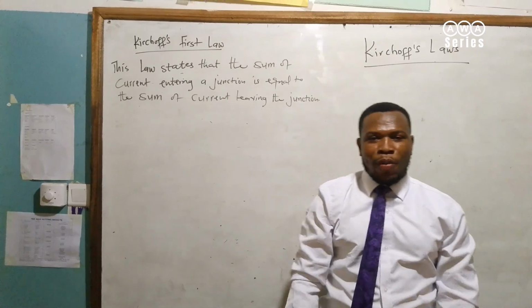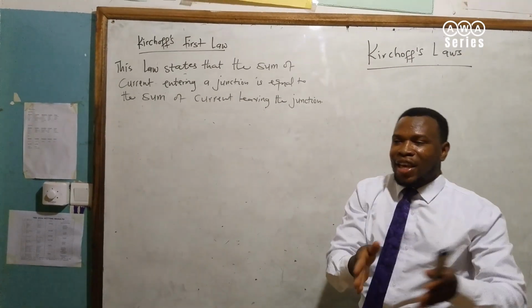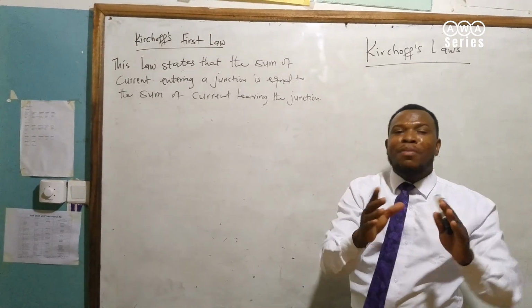This is Kirchhoff's first law. He says the sum of currents entering a particular junction is equal to the sum of currents that are leaving that junction.